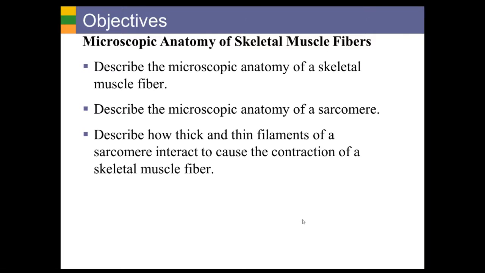And then we're going to look at the thin and thick filaments of a sarcomere and how they interact to cause muscle contraction of the skeletal muscle fiber. And I should have mentioned this at the beginning of lecture, but you will need a plain sheet of paper for a little activity that we're going to do in a few minutes.